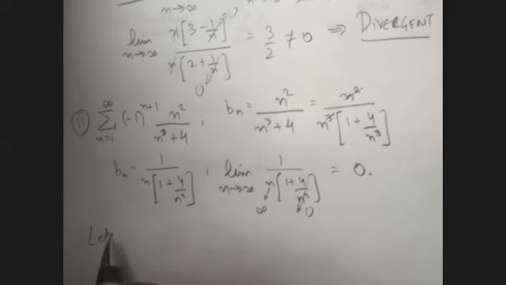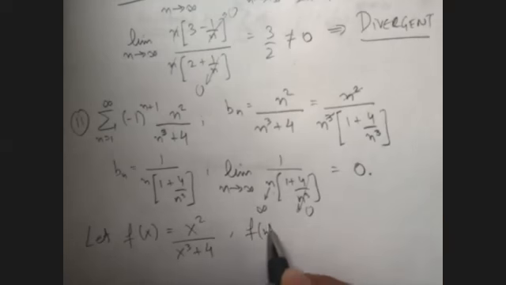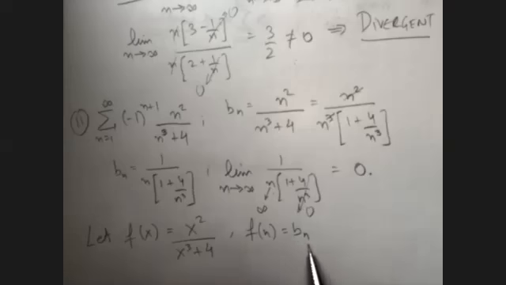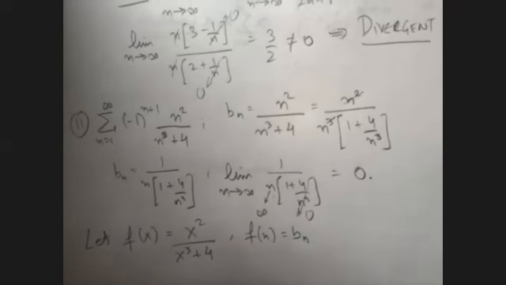Let's just replace n by x, such that f of n is bn. Why we do that?